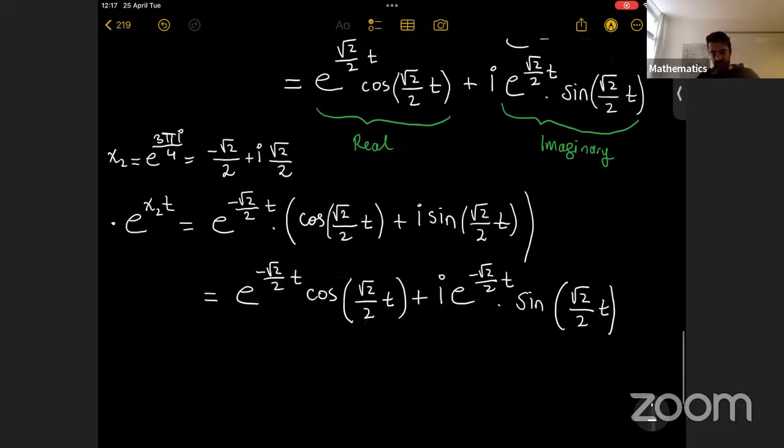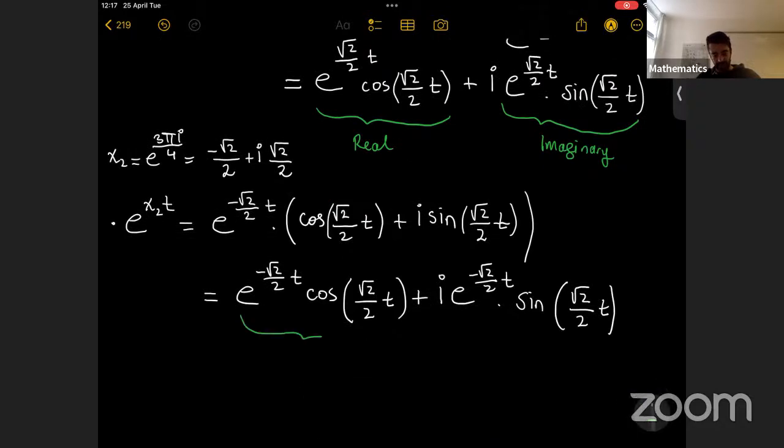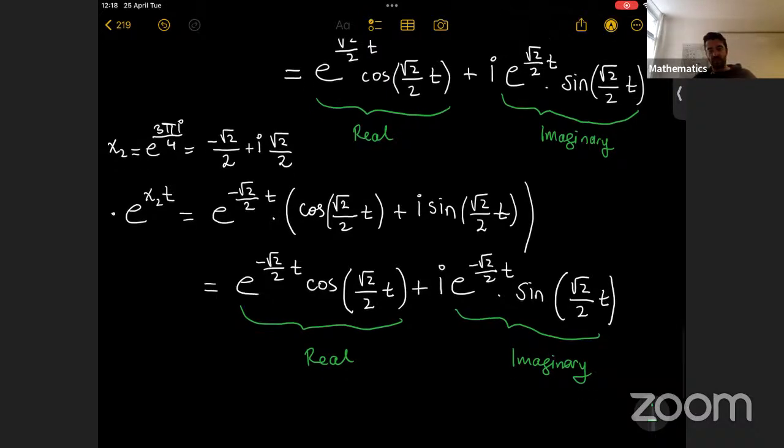Well, this is again the real part. And here is the imaginary part. So you combine basically 4 solutions and you get the general solution now, okay?